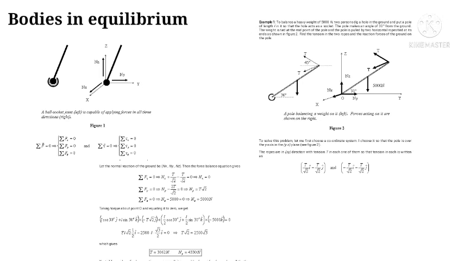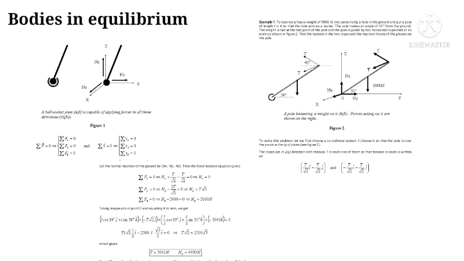You may be wondering why I have taken the tension to be the same in the two ropes. Actually it arises from the torque balance equation. If the tensions were not equal, the component in that direction would give a non-zero torque.